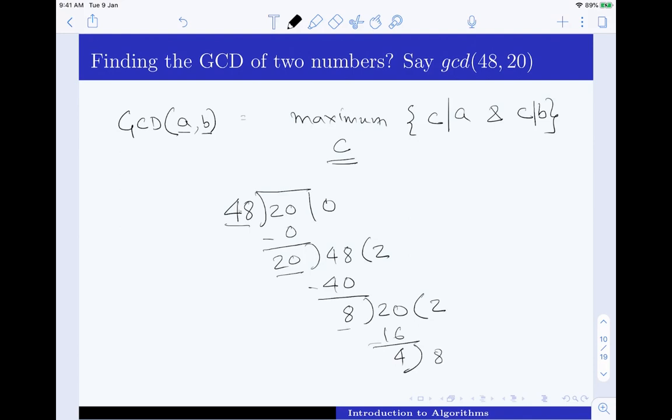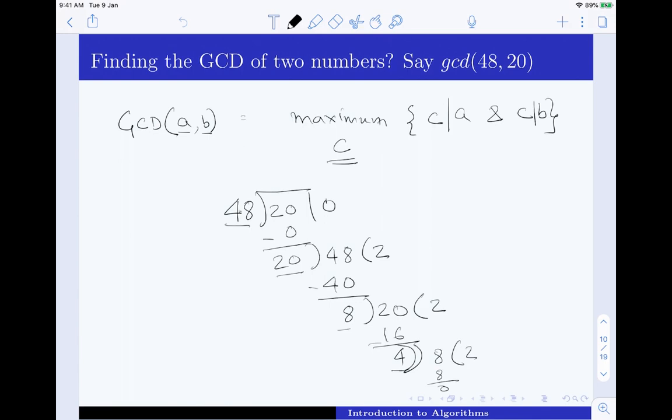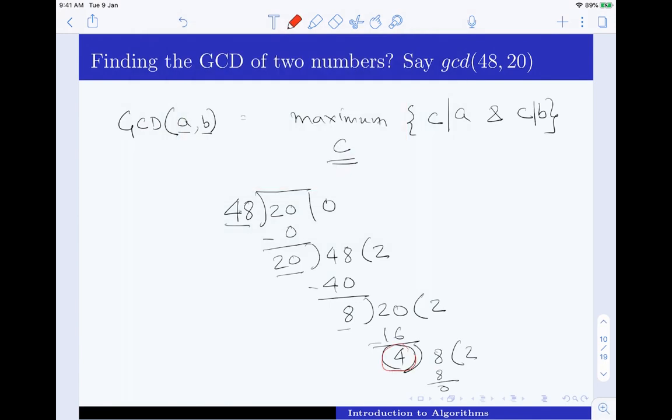And then you have 8 and 0, and therefore we can say that this 4, in a different color, is the GCD between 48 and 20. In other words, GCD between 48 and 20 is 4.